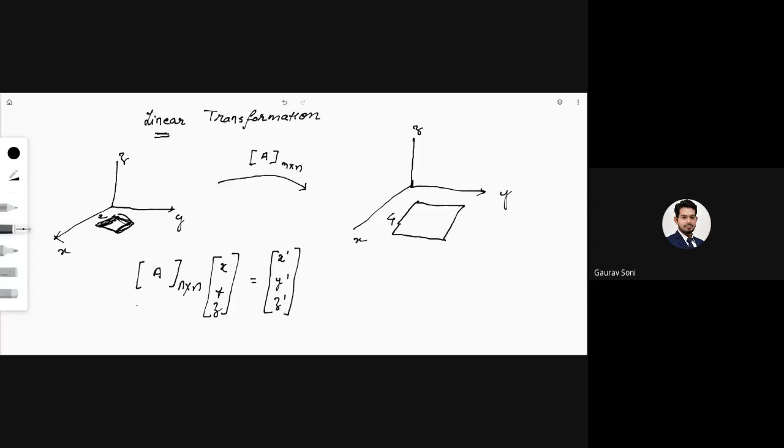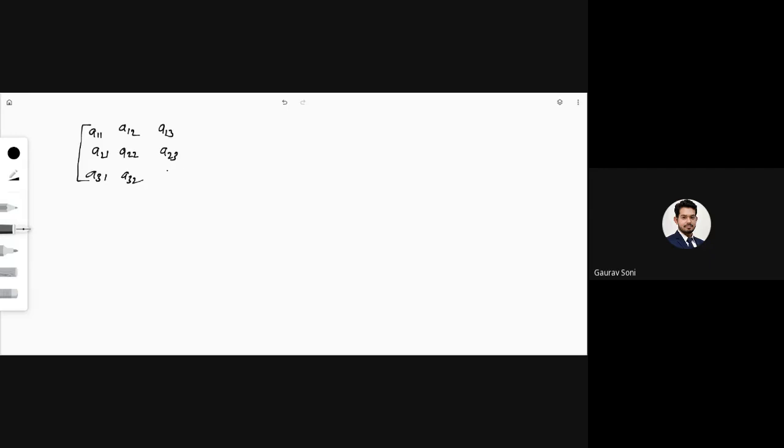So we will try to understand now what is this. So I'll take a 3 by 3 matrix. This needs to be 3 by 3 in order to make this multiplication possible. So the linear transformation will take a 3 by 3 matrix A11, A12, A13, A21, A22, A23, A31, A32, A33.